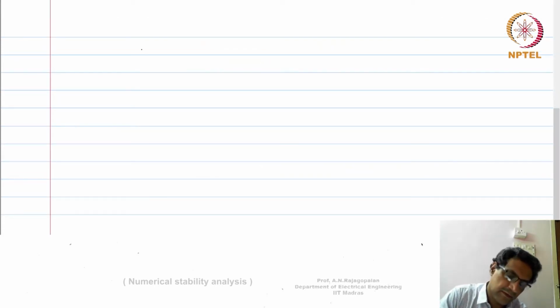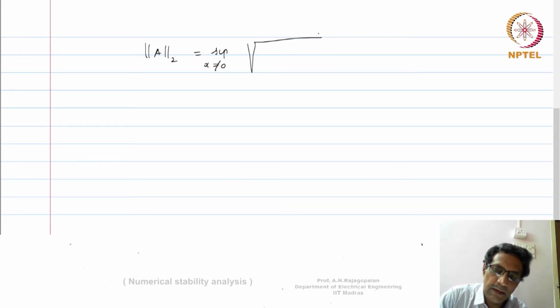Now let's go back to this expression. The spectral norm of A is equal to sup over x not equal to 0. Now I can write norm AX by norm x as root of x transpose A transpose A x upon x transpose x.